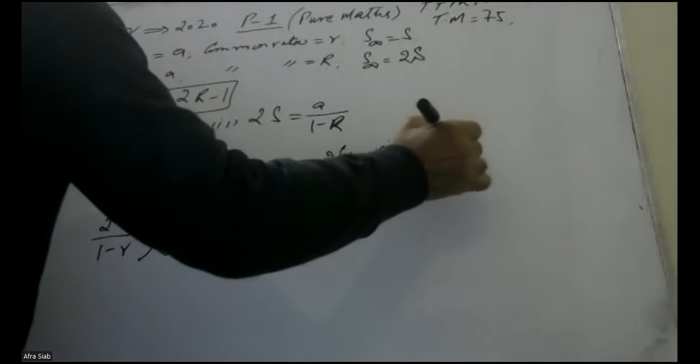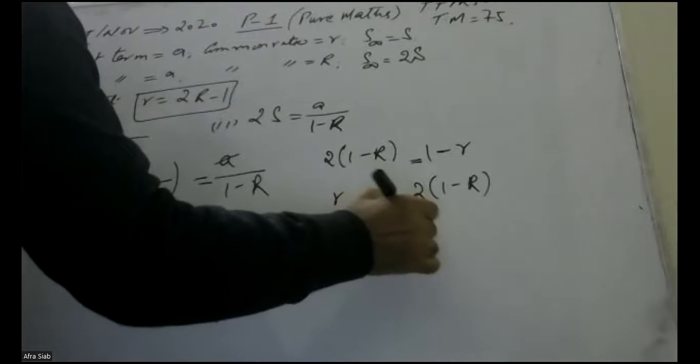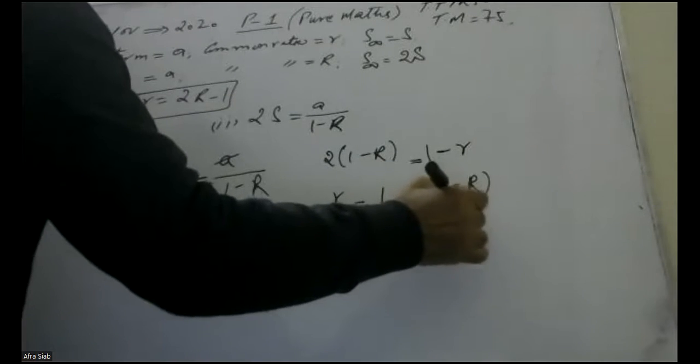So 2 over 1 minus R is equal to 1 over 1 minus capital R. If we cross multiply these two, then 2 into 1 minus capital R is equal to 1 minus R. Then capital R is equal to 1 minus 2 into 1 minus R. Or capital R is equal to 1 minus 2 plus 2R.